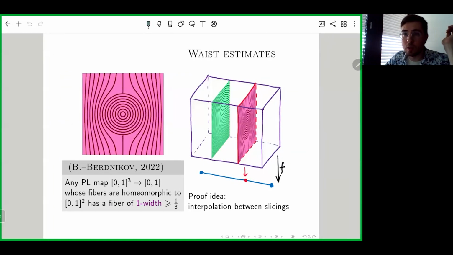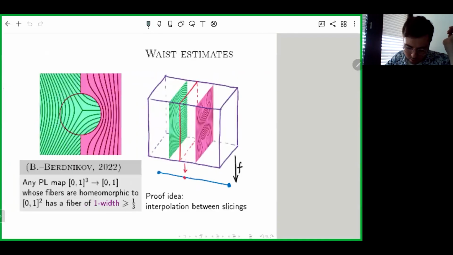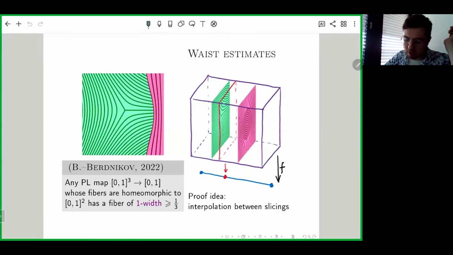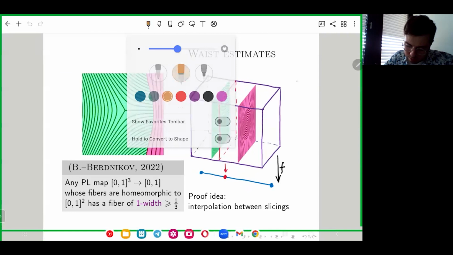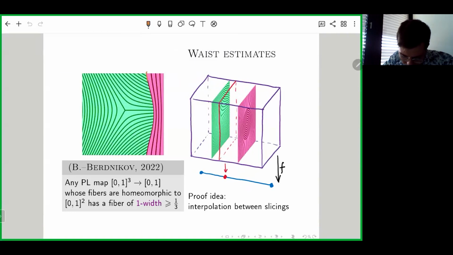And now this is a continuous family of foliations. Each of those pictures should be read as follows. For example, here, it might be a little bit deceiving, so let me explain. I had this fiber of the red slicing, but it also meets many fibers of the green slicing. They will be merged together.